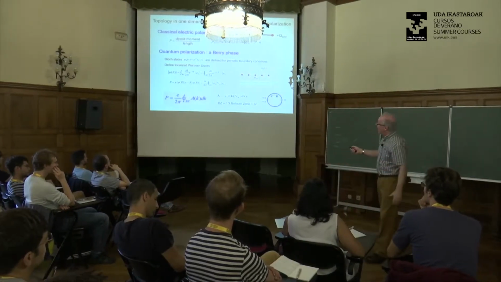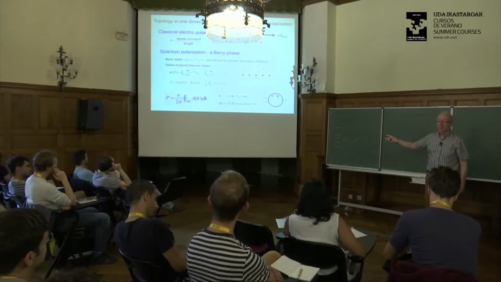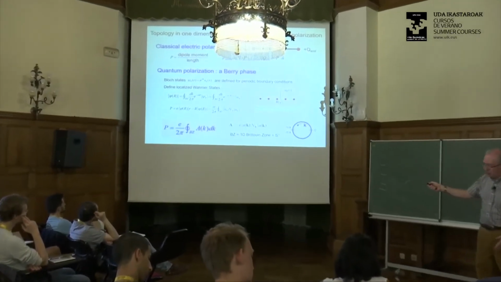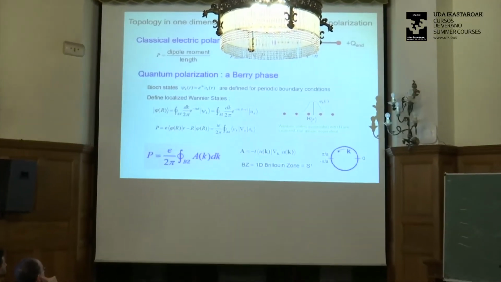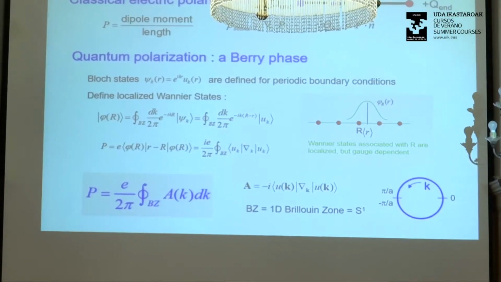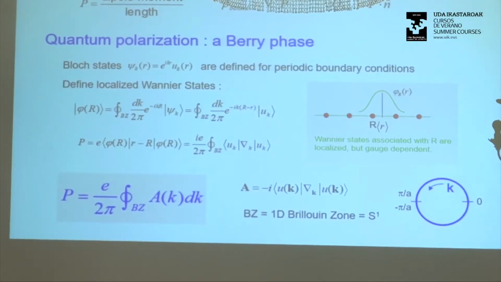What I want to try to convince you of is that it's the Berry phase. We start off with the Bloch states, which are basically plane waves which go around. They're completely delocalized. The polarization you think of as the dipole moment, but you can't calculate the dipole moment in a state that's completely extended.